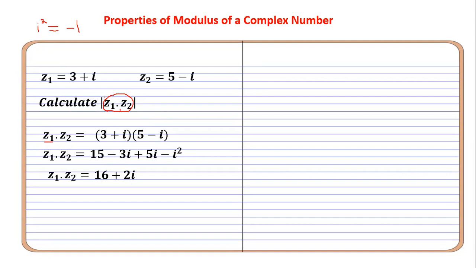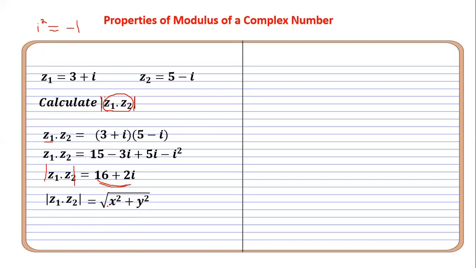After calculating the product of these two complex numbers, we need now to calculate the modulus of the product. As you see, the product of two complex numbers is always a complex number. How to determine its modulus?